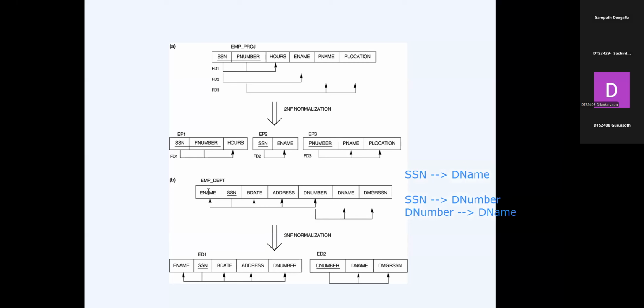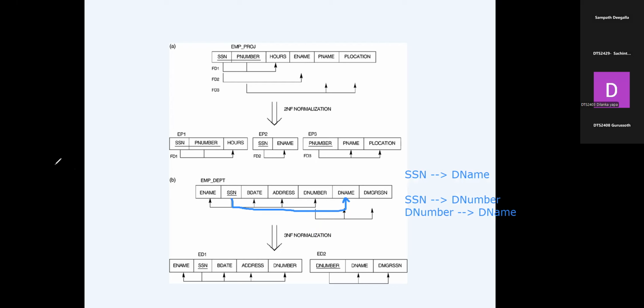So if we have a situation like this, using social security number to determine the department name, and this can be done through the department number, and from department number to department name, this is called transitive dependency.